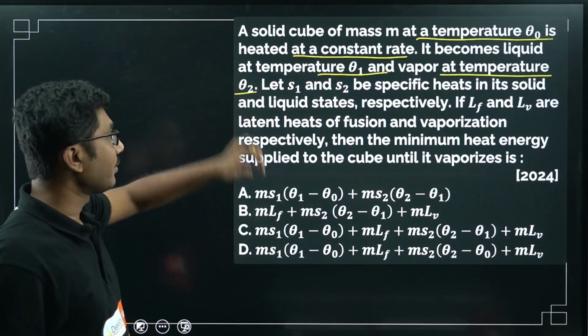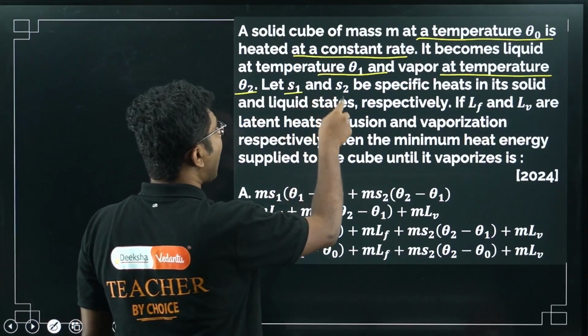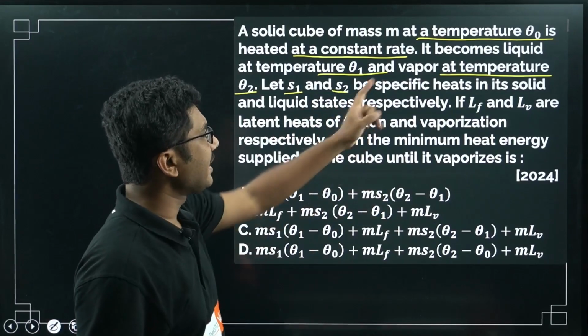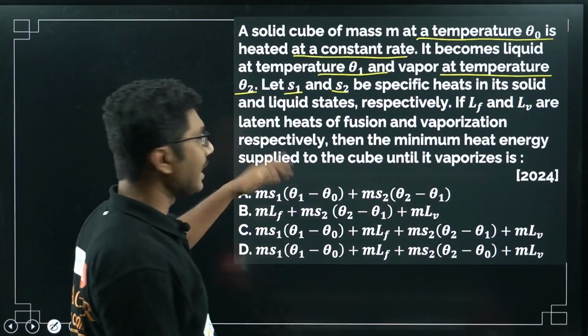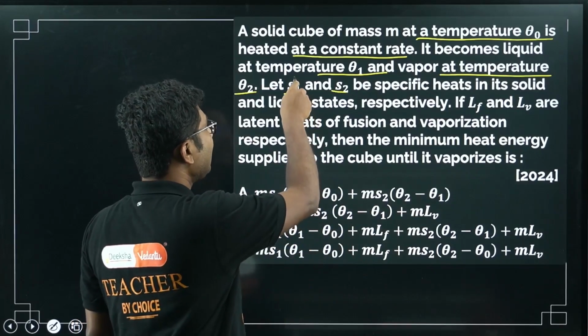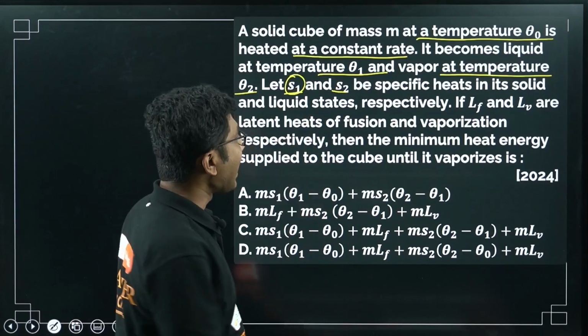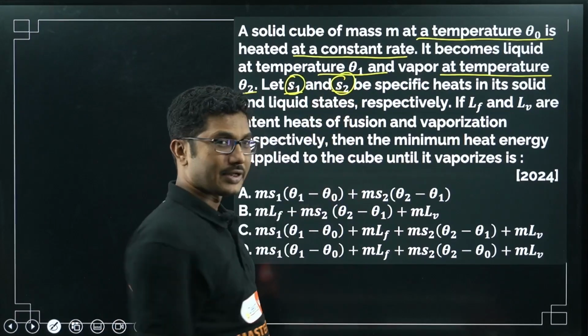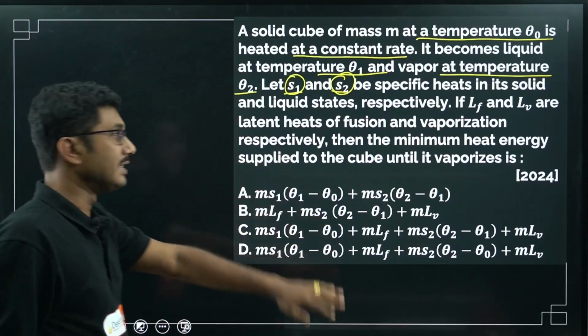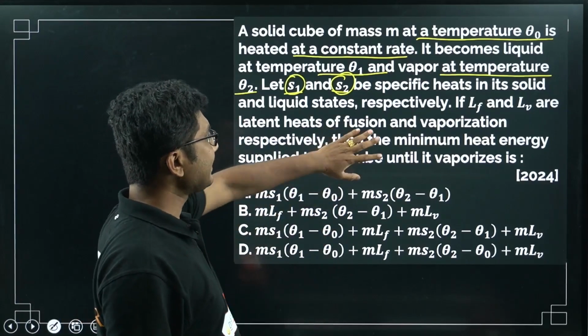Let S1 and S2 be the specific heats in its solid and liquid states. This is the solid one when it is in the ice phase, and this is the liquid one when it is in the water phase. These are the specific heats given respectively.